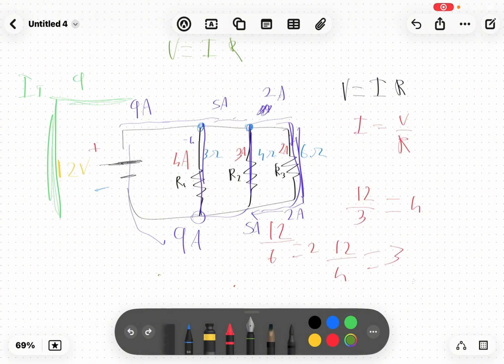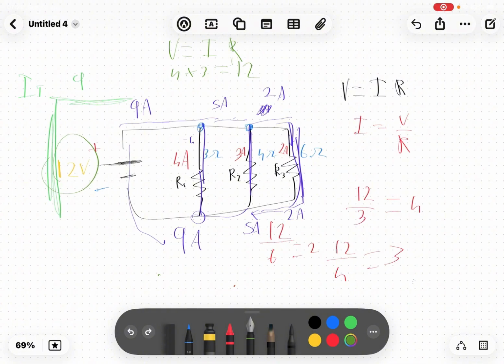And as you see, right now you're going to be quite impressed, I guess, because 4 times 3 equals 12, which is already the maximum voltage. So you have to kind of think of it. Yes, it's balanced out.